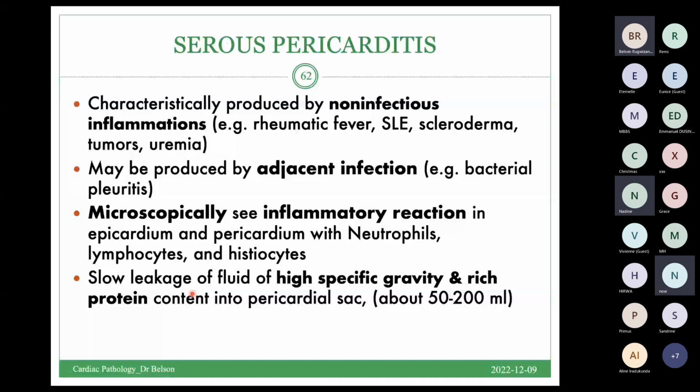Nanga uzamenya ko it is non-infectious, or it can be caused by an adjacent infection when riri hafi yaho ariko itaraho ngaho, because n'ibiranga izaba purulent. For example, there is a pruritus. Now, as a reaction, the pericardium also increases its fluid production, but which is not infected. So the slow leakage of the fluid by high specific gravity and the rich protein content in pericardiossac and so on, so around 200.